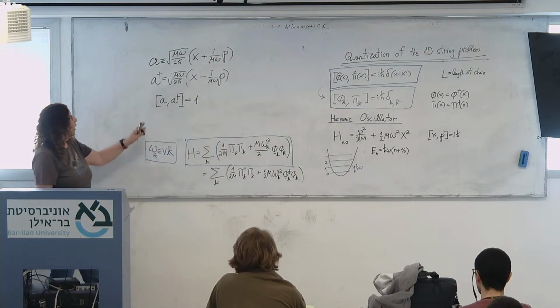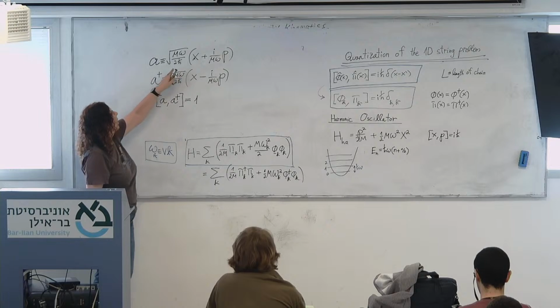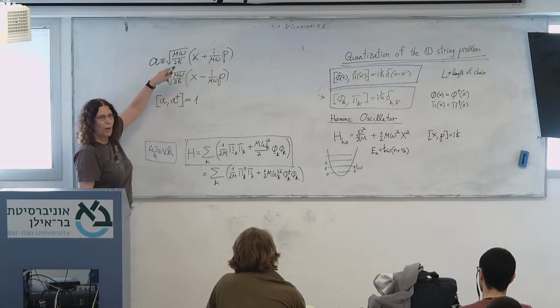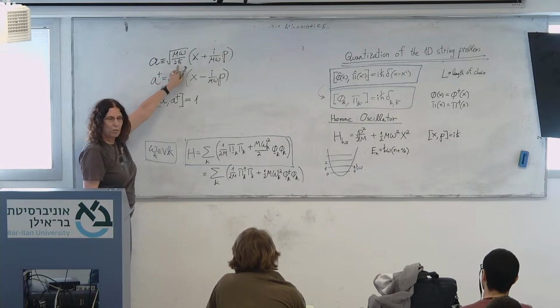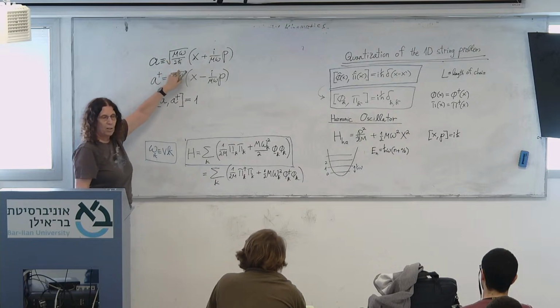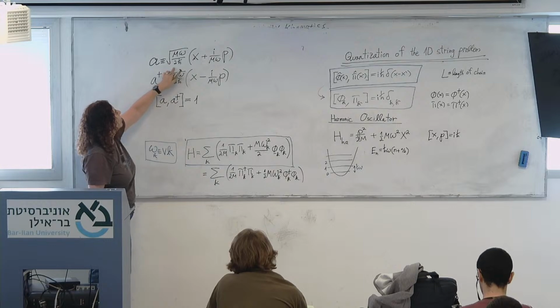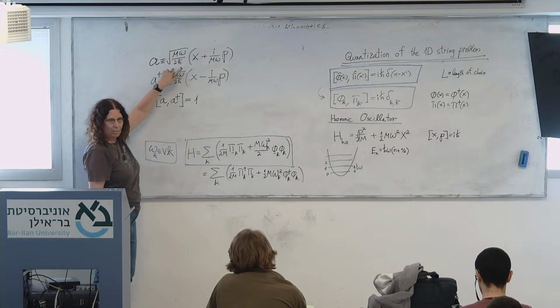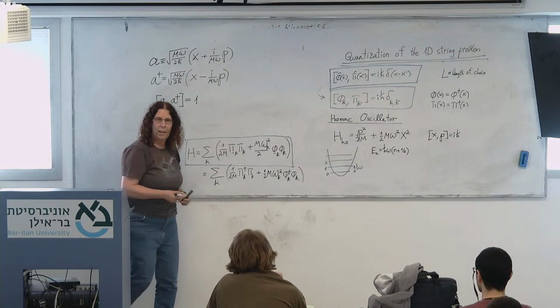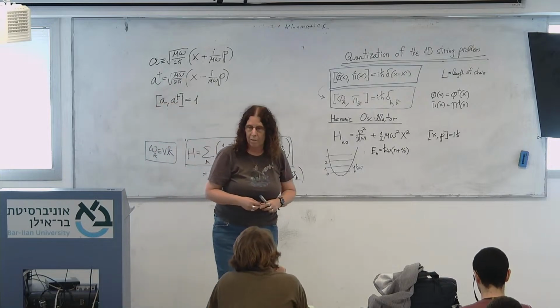Actually, I have here this square root of m omega over h bar, so you can easily convince yourself that this expression has dimensions of 1 over length. And that's why a and a dagger are also dimensionless.